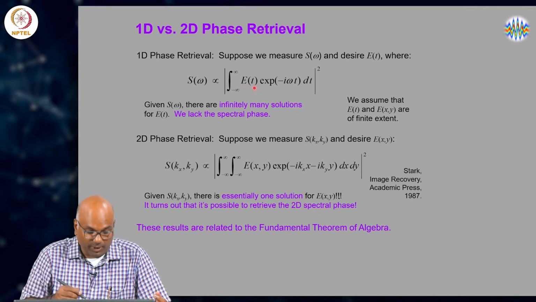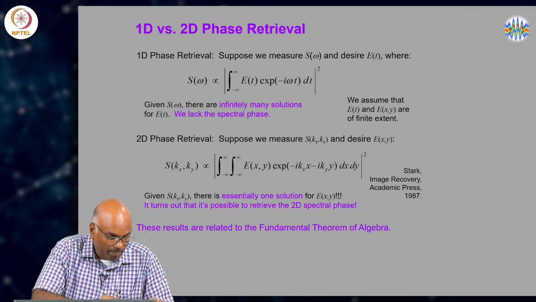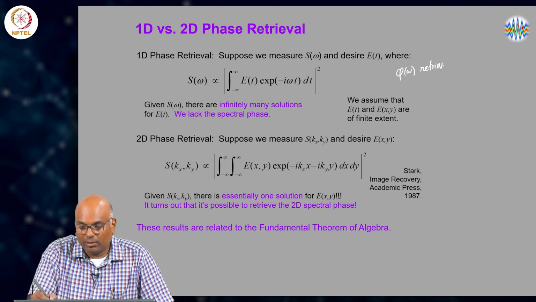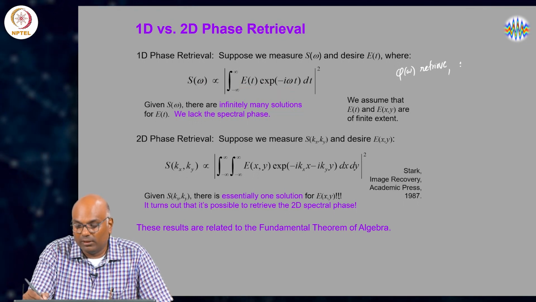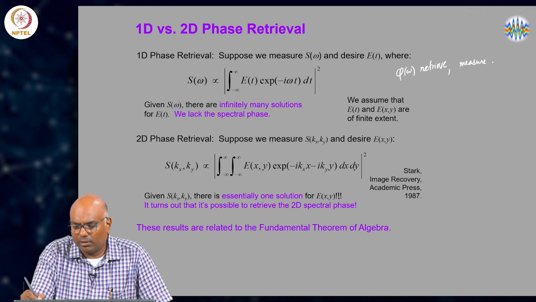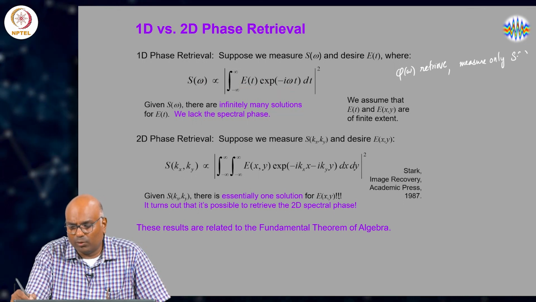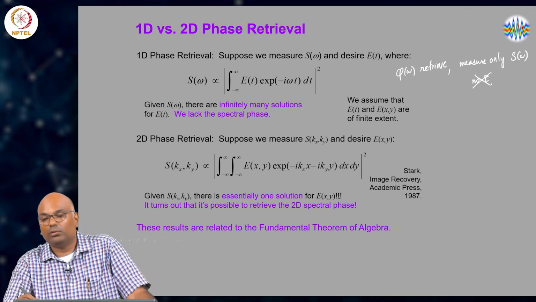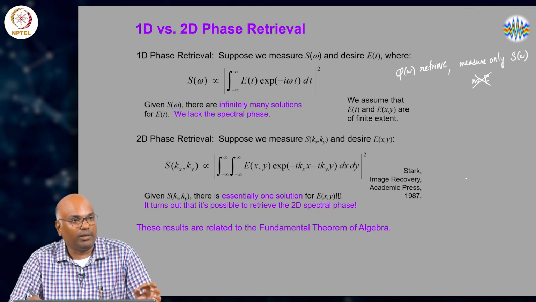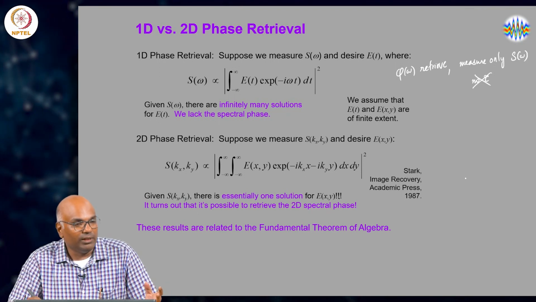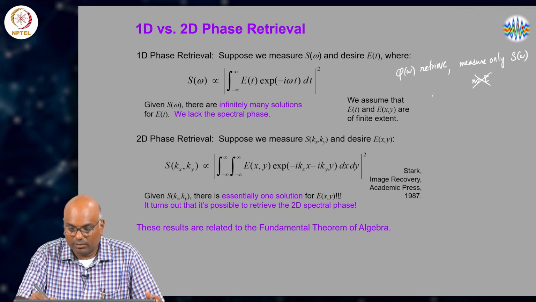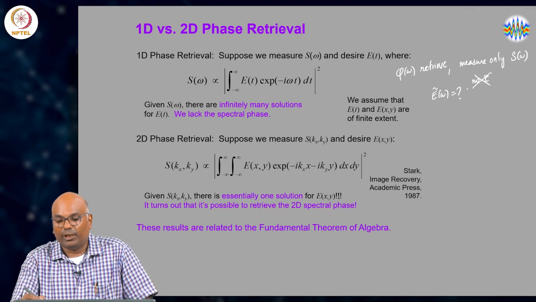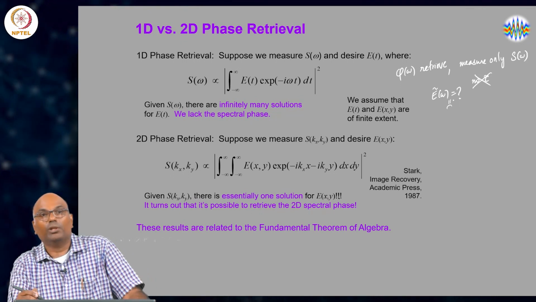and we are trying to retrieve the spectral phase, which is phi of omega. We measure only S of omega, no tau; do not take the tau for granted. If I measure only the spectrum, we know intuitively that we cannot determine E of omega.